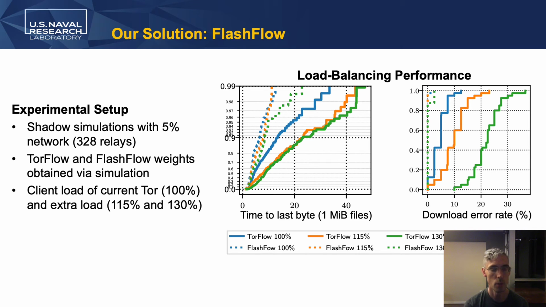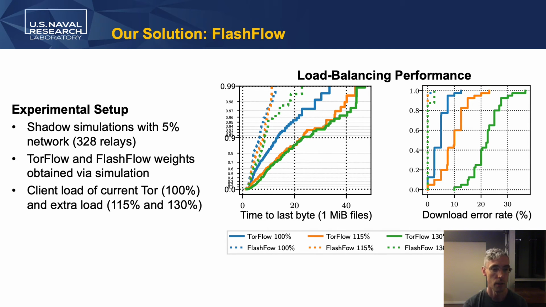In order to measure how the FlashFlow weights would change the performance of the Tor network, we ran simulations in a shadow network. A shadow network is a simulated network that allows us to consider a Tor network in which all of the clients used a completely different set of weights, those generated by FlashFlow.